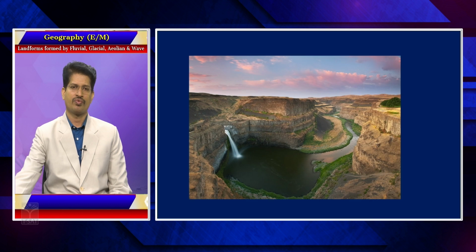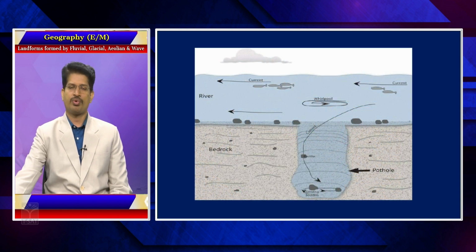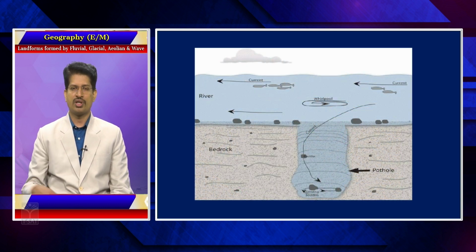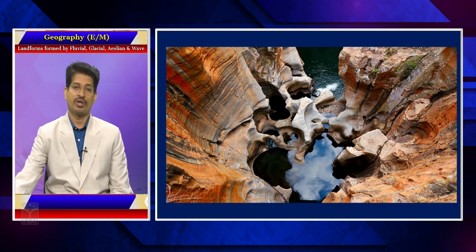So, the V-shaped valley is a feature of fluvial activity, the river erosional activity. The U-shaped valley is also a feature formed by river erosional activity. This is how different kinds of landforms are formed. In this process, certain waterfalls are also formed.